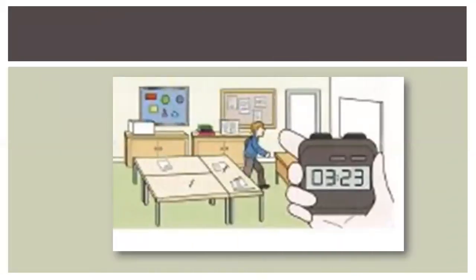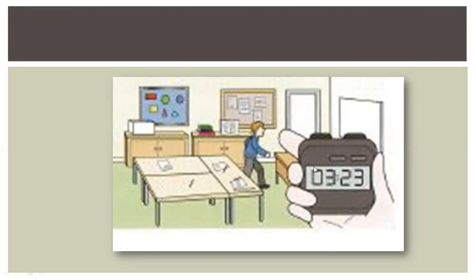Okay, see, how long did it take Mikhail to walk around the classroom 3 times? So this is Mikhail, and he is walking around the class 3 times, and we have measured the time with the help of a watch, and on the watch it takes 3 minutes and 23 seconds.